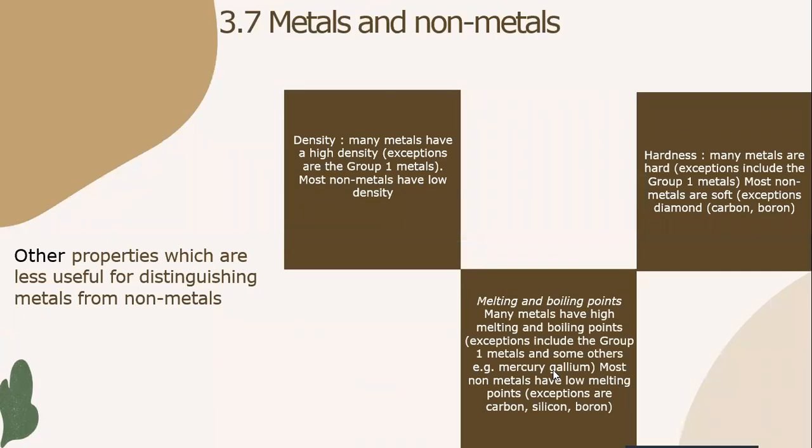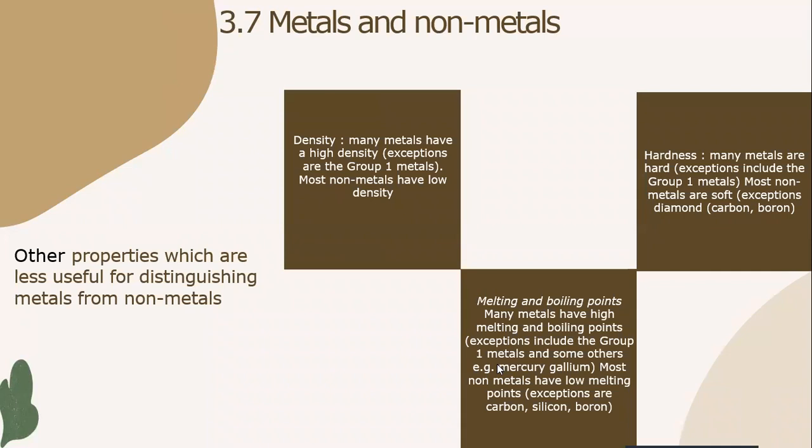Okay, other properties are less useful for distinguishing metals from non-metals. In terms of density, many metals have a high density. Exceptions are the group 1 metals. Most non-metals have low density. Other than that is melting and boiling point. Many metals have high melting and boiling points.